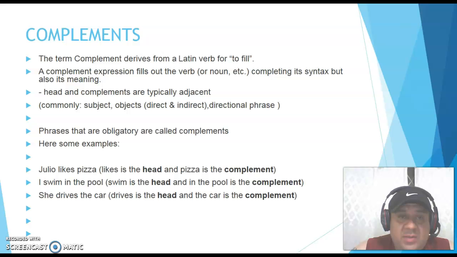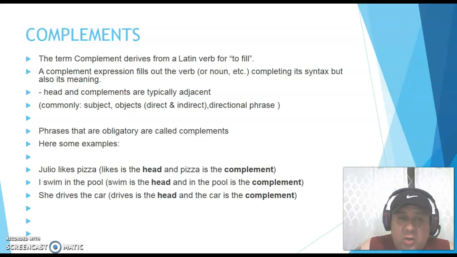Head and complements are typically adjacent, commonly subject-objects, direct and indirect, and directional phrases. Phrases that are obligatory are called complements. Here are some examples. As we can see, the complements go together with the head. It gives extra information to the sentence.